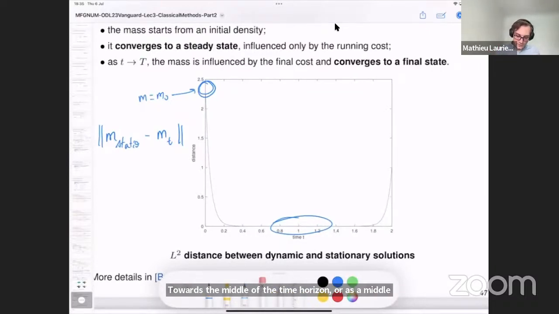In other words, between, let's say, 0.4 and 1.6, almost nothing happens. The behavior is just stationary. And then you could just shortcut this part by solving the stationary problem and plugging this in as part of your solution. So what really matters is what happens here and here.